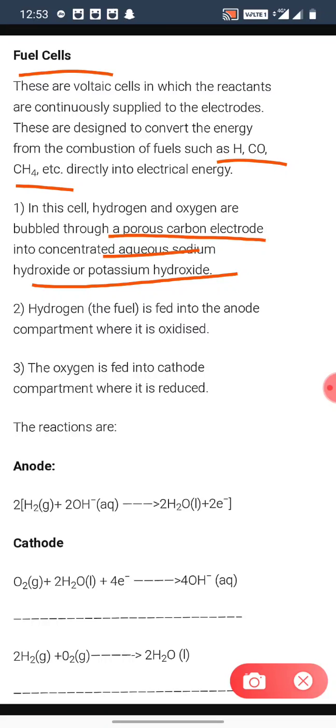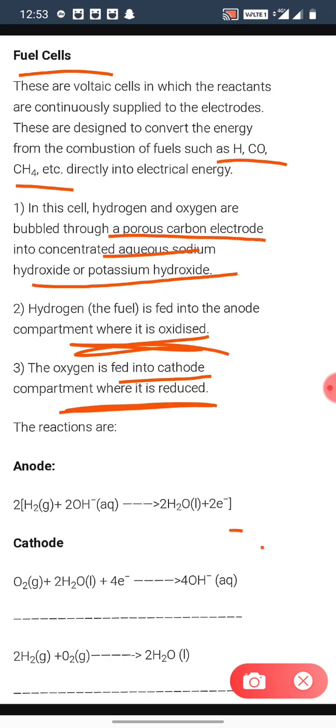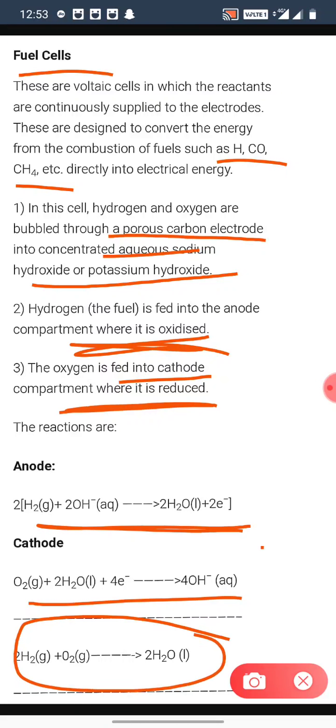Hydrogen, the fuel, is fed into the anode compartment where it gets oxidized, and oxygen is fed into the cathode compartment where it gets reduced. So the reactions occurring at anode and cathode are mentioned here, and here is the overall cell reaction, where you can see that hydrogen is combining with oxygen to produce water. So these are the reactions occurring at anode and cathode in the case of a fuel cell.